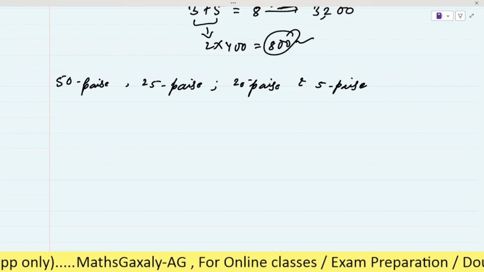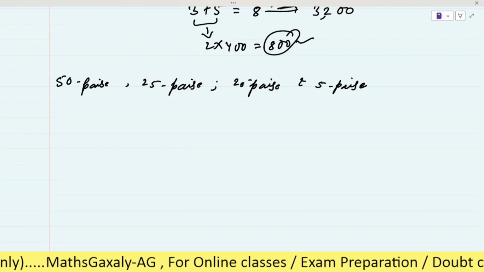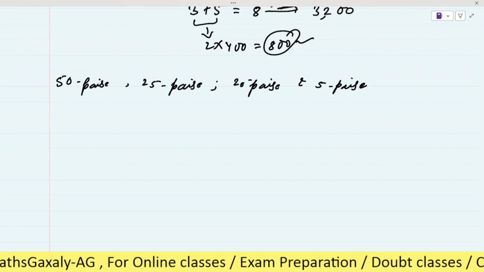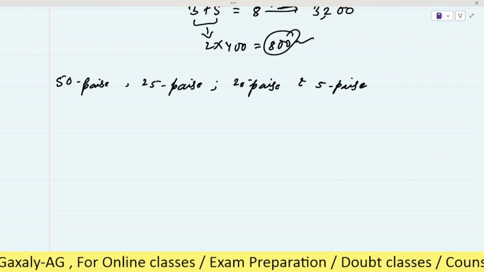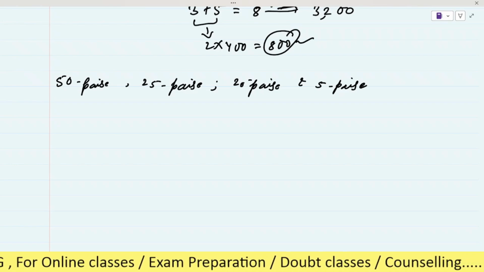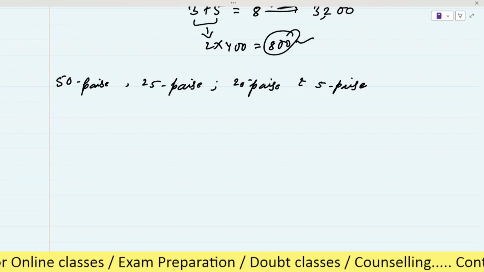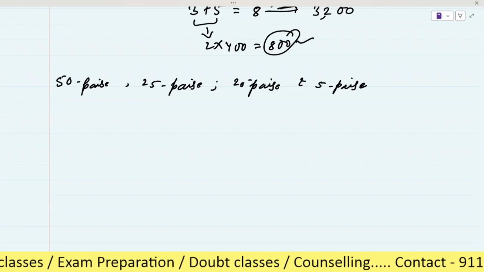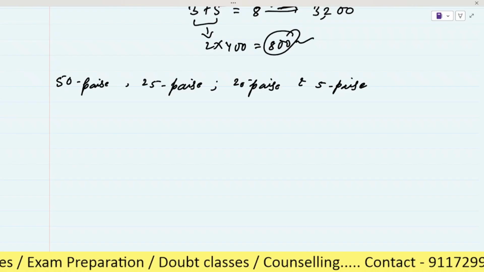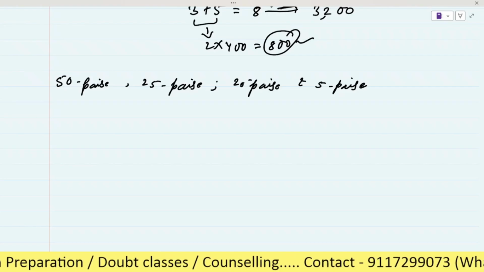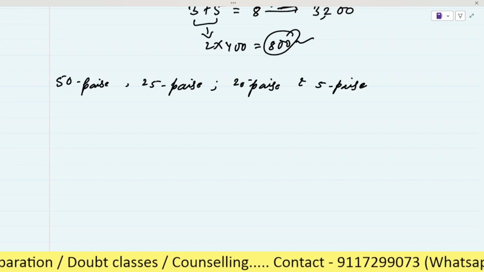It means suppose there are 10 coins of 50 paise, then there will be 10 coins of 25 paise, 10 coins of 20 paise and also 10 coins of 5 paise. Because here it is given that a bag contains an equal number of these coins.